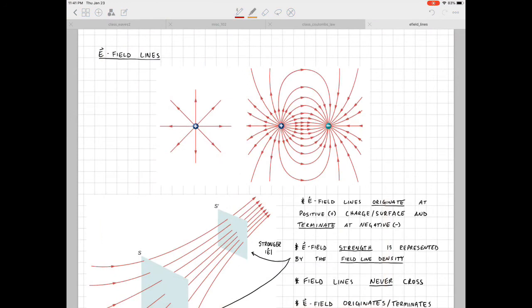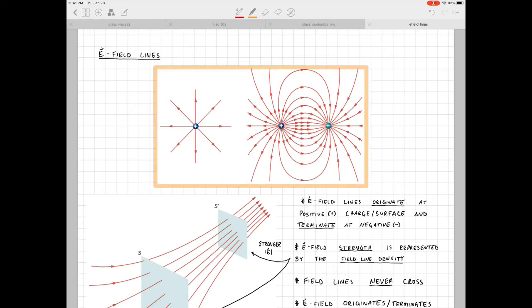All right, so electric field lines demonstrated here. On the left, I've got a positive point charge, and rather than drawing individual vectors, I've drawn electric field lines. And so again, the lines originate at positive charges.